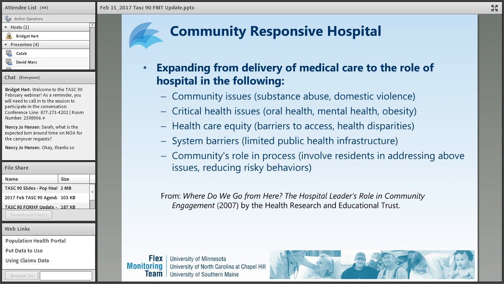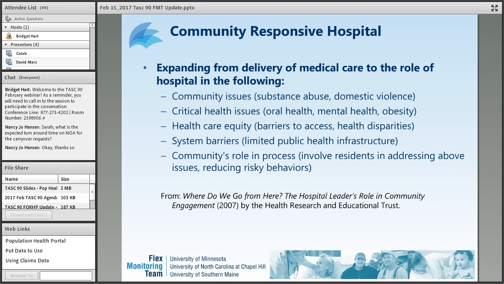And it really is moving from an acute care provider solely focused on the delivery of medical care to playing a role, and that role can be defined by the needs of the community and the resources available on community issues around, say, substance use, domestic violence. One of the common problems we're hearing about all the time is around opioid use, and hospitals can play a role in that.